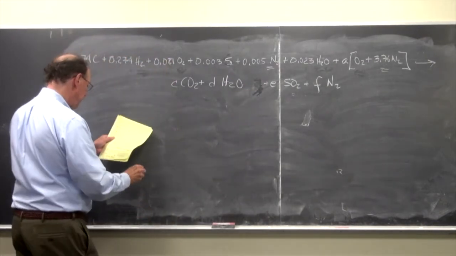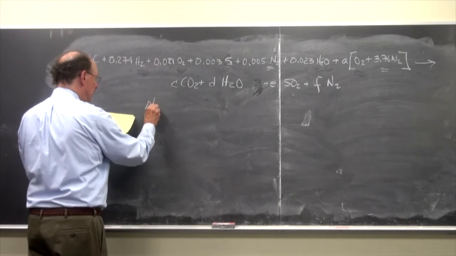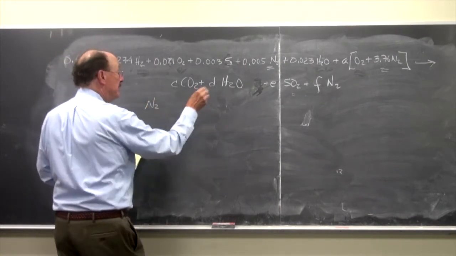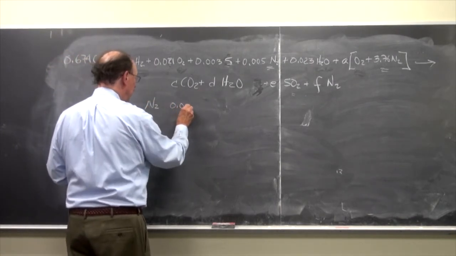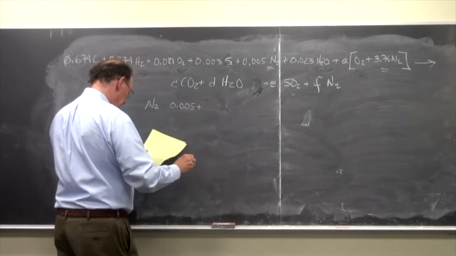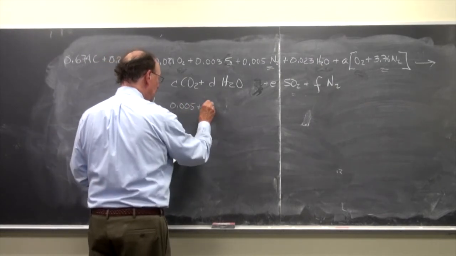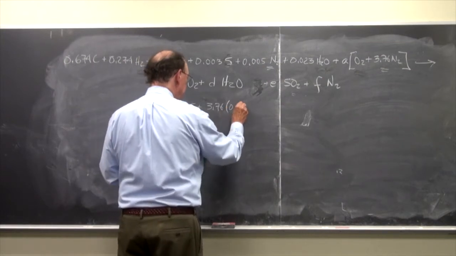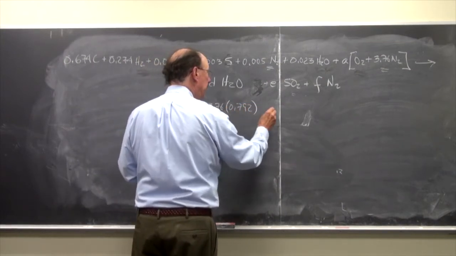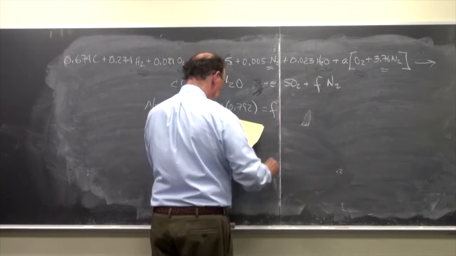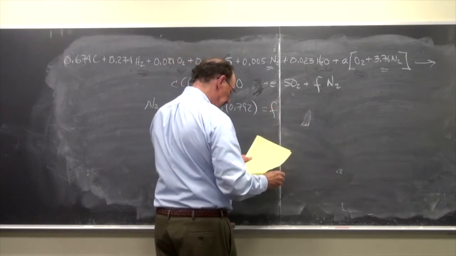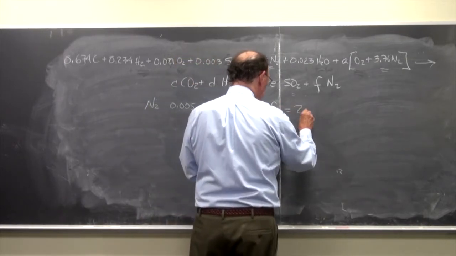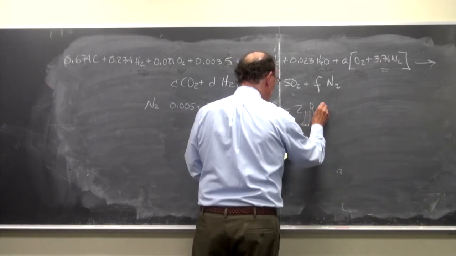So for the N2, we're going to have 0.005 plus 3.76 times 0.792, and that's going to equal F. So F then is equal to 2.983.